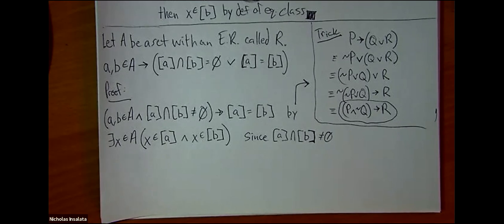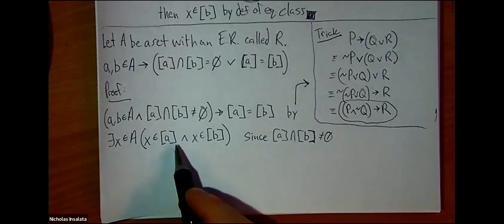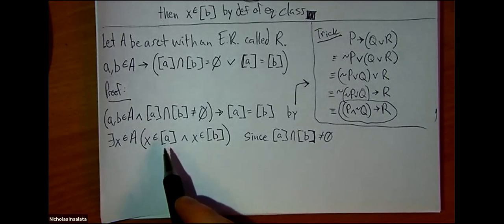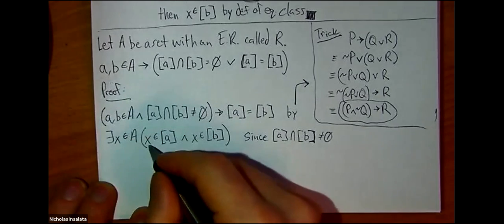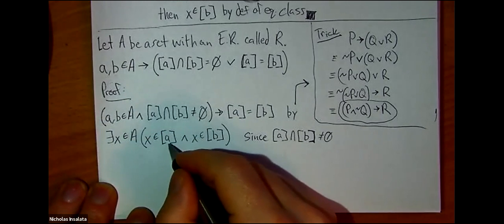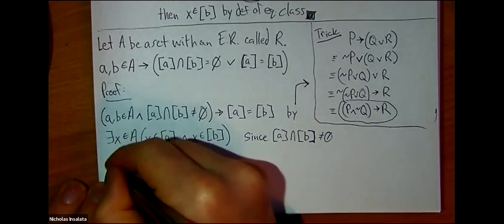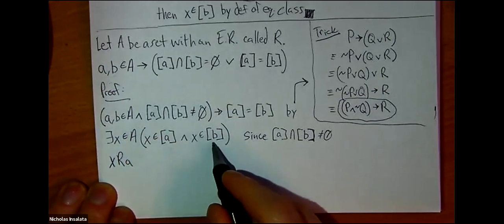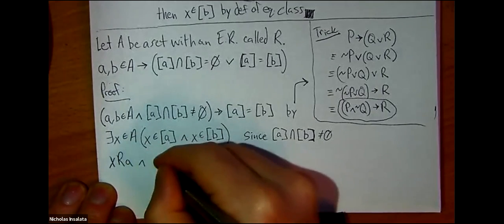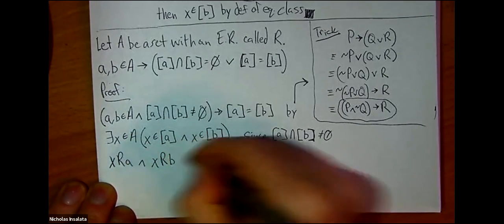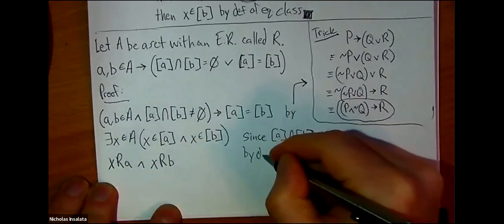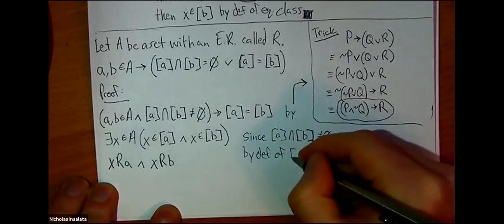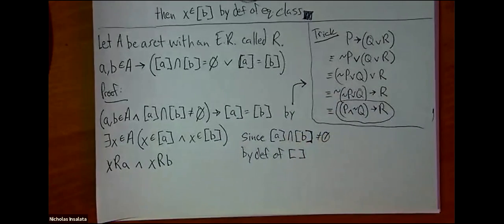It seems like you guys are lost. So I can use the definition of equivalence class, okay? So I can say, if X is in the equivalence class of A, then of course X relates to A. If it's in the equivalence class of B, well, then it must also relate to B by definition of equivalence class. See where I can go from here?